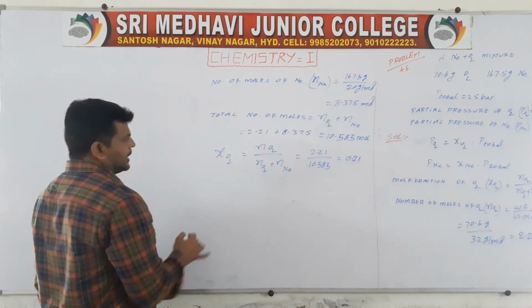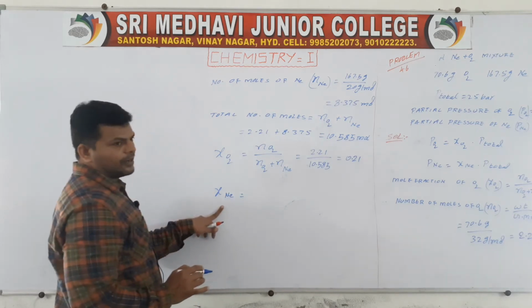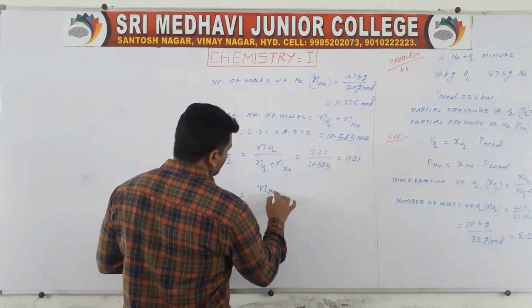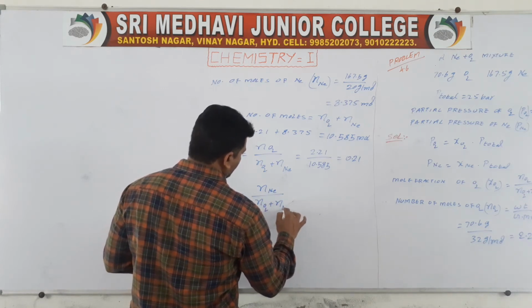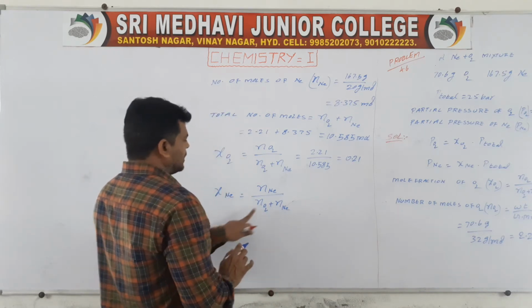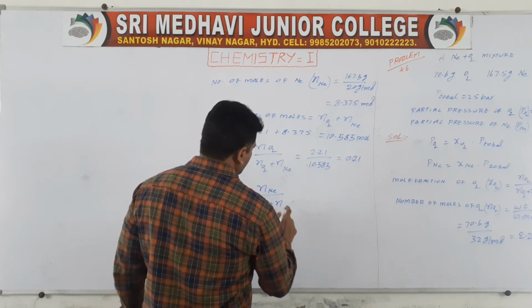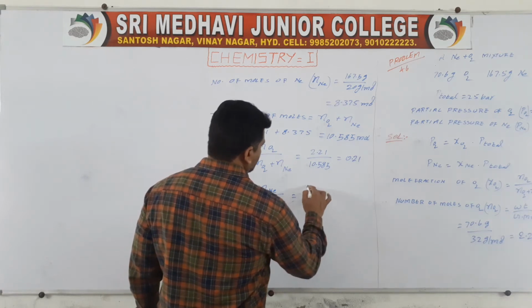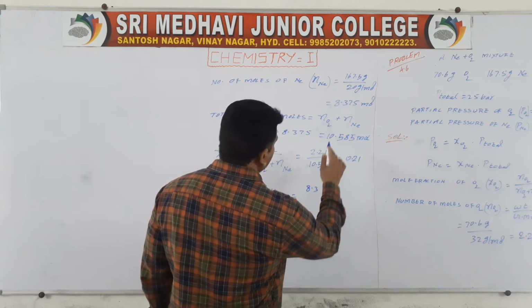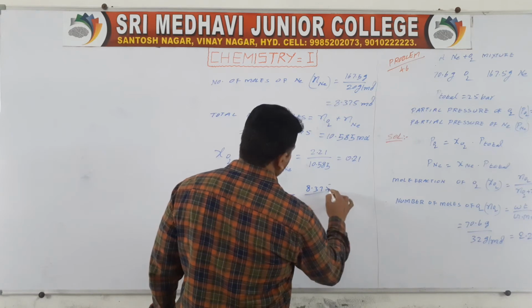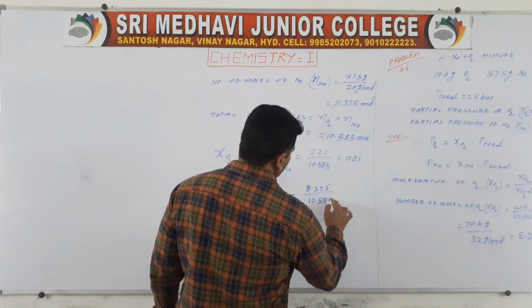Then XNe, the mole fraction of neon, equals NNe by (NNe plus NO2), which is 8.375 by 10.585.